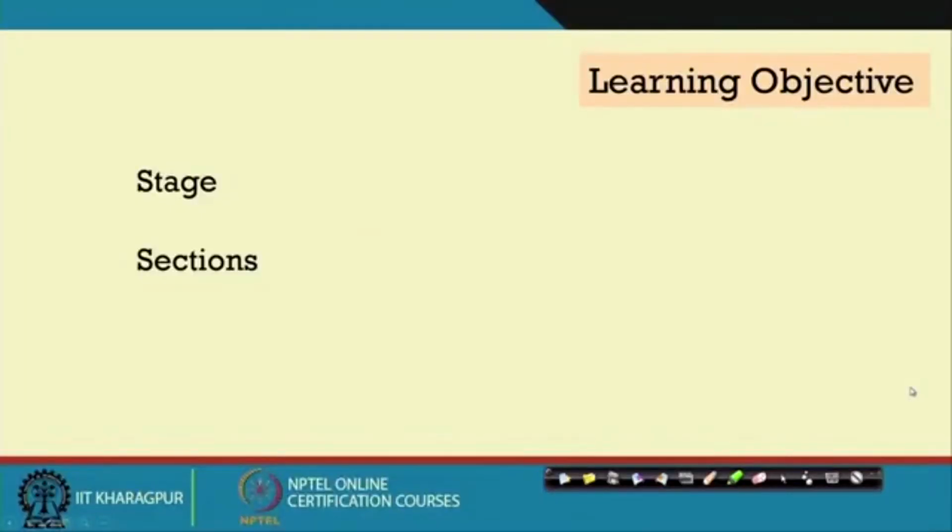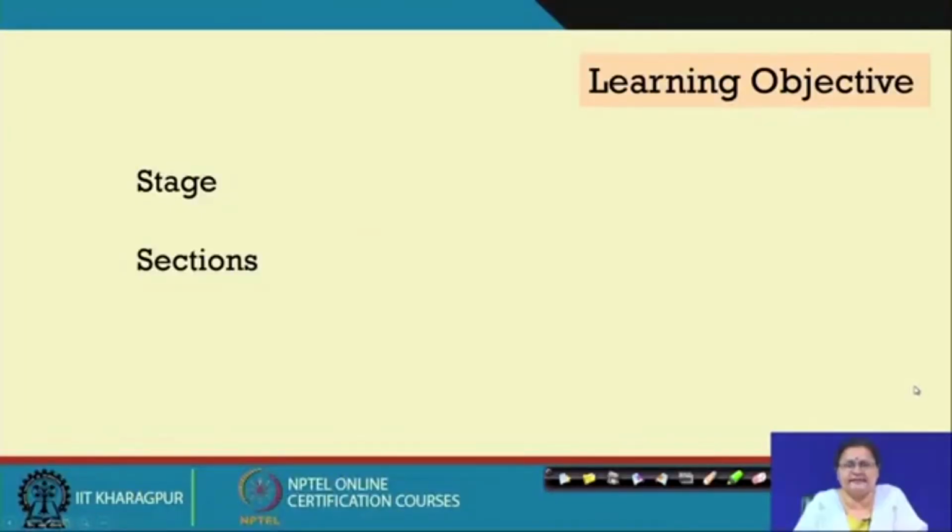So, in this lecture we will try to look into how to take care of the stage and the sections, how those are important in developing the acoustical quality of the space or the auditorium which is under consideration.